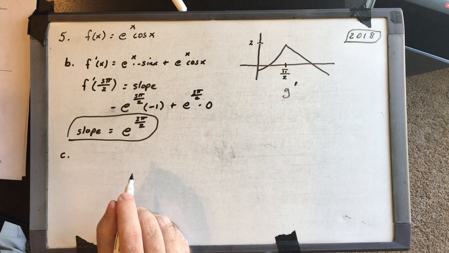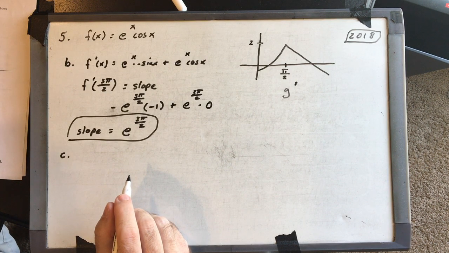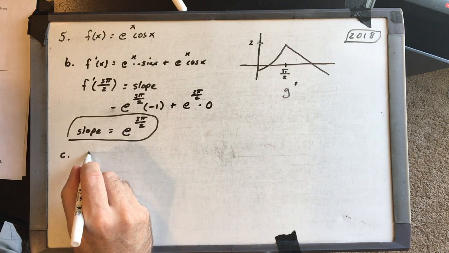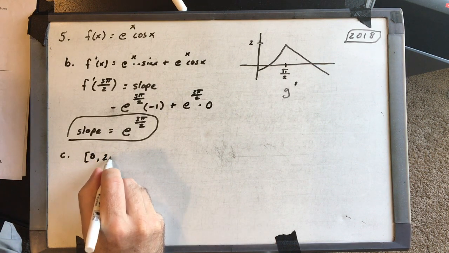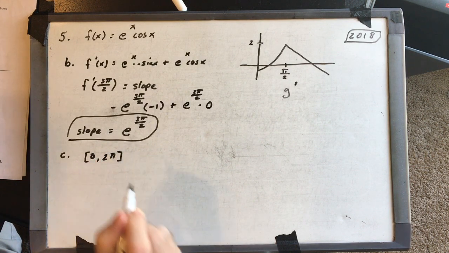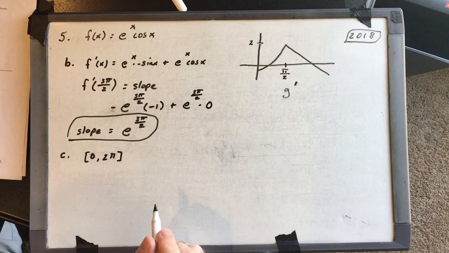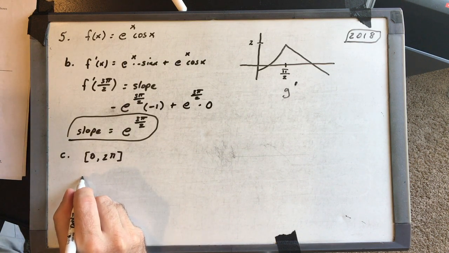Part C, find the absolute minimum value of f between 0 and 2 pi. So what we have to do is we have to find the critical points, we have to check those, and we have to check the endpoints. Okay, because the interval is less than or equal to, so you use brackets on those endpoints. Okay, so first of all, let's get f of 0.